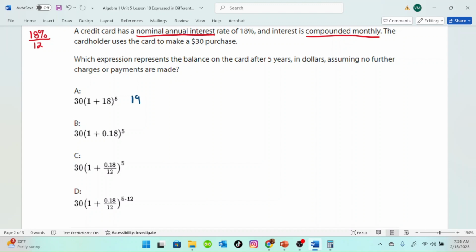Well, the 19 means that we have 1900%. So this is a yearly increase of 1800% effective. So that is not what we're looking for.